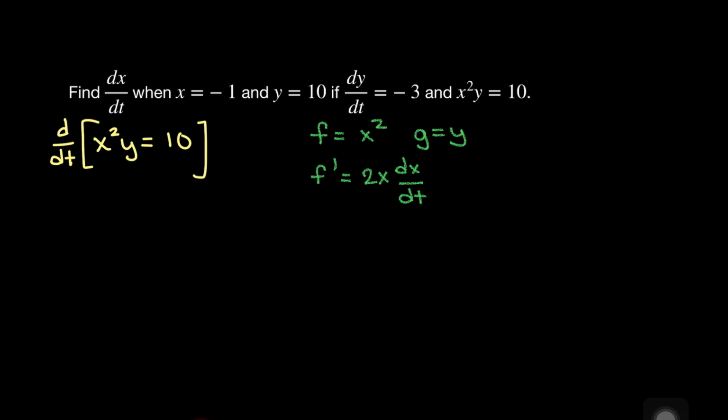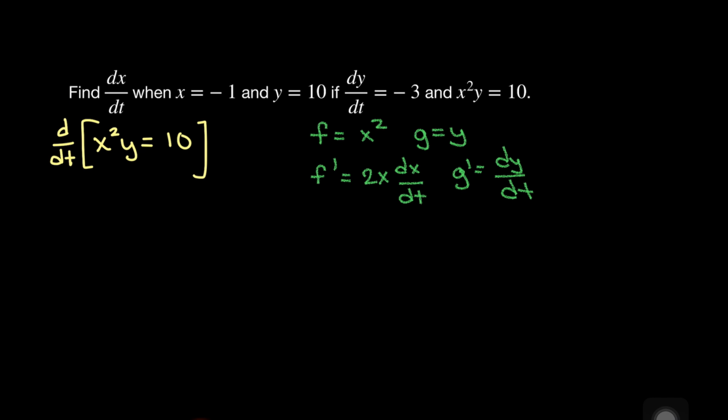But now that x is actually a function of t, and we're really taking the derivative with respect to t, I'm going to have to multiply by dx/dt. And then I do something similar to find g prime. The derivative of y should just be 1 times dy/dt.